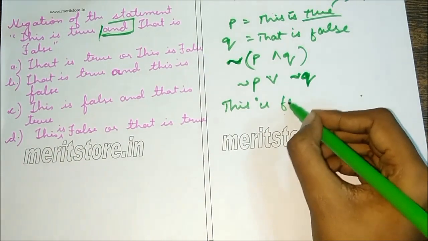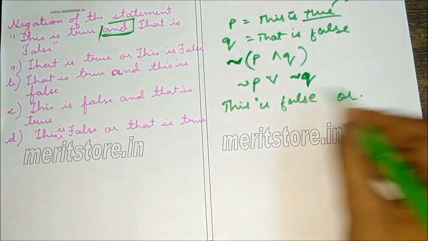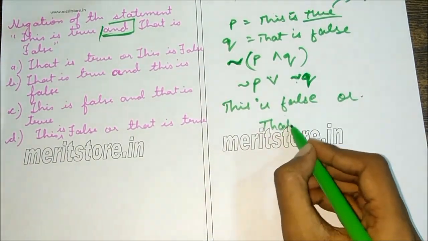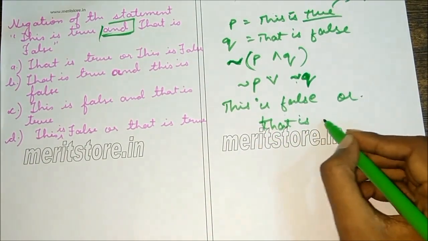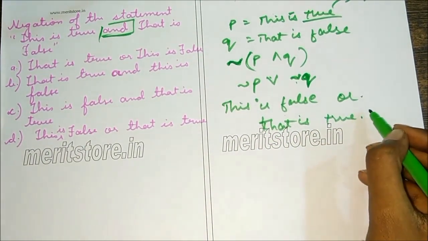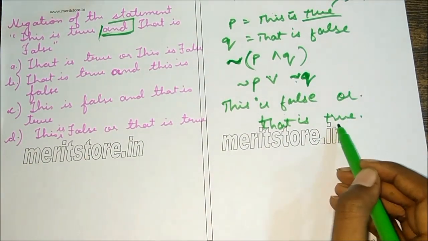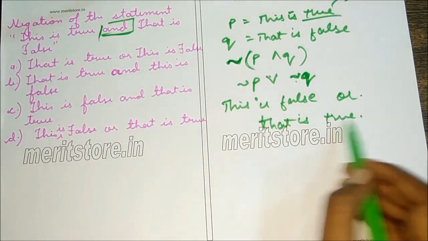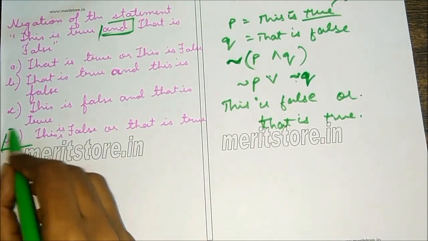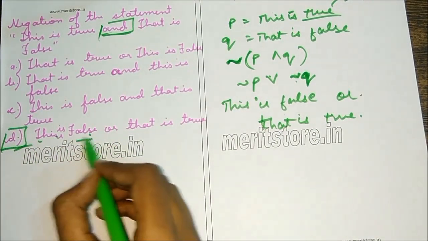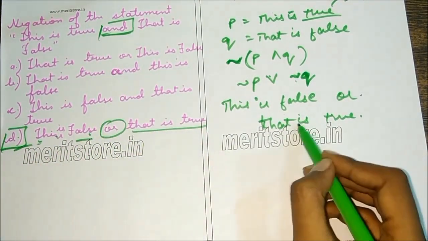So this is false or that is true. So the answer is option D: this is false or that is true.